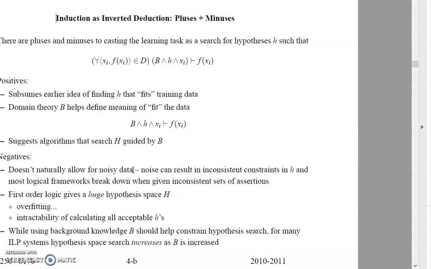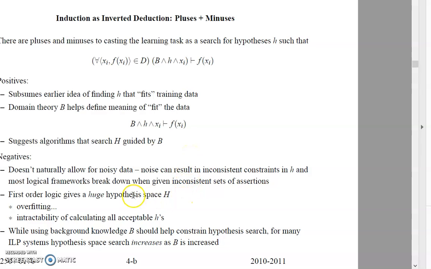Noisy data will result in inconsistent constraints in H, so our logic will break down. We could not get the correct assertions from this hypothesis. So this is one disadvantage of having background information.